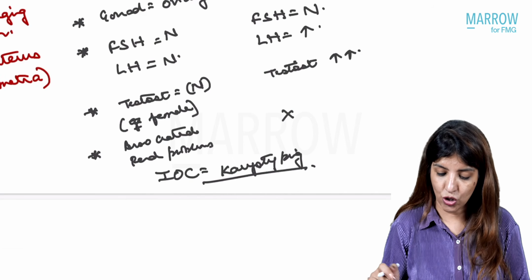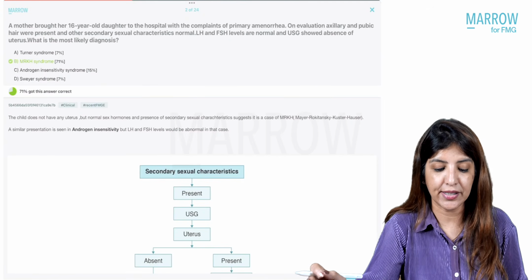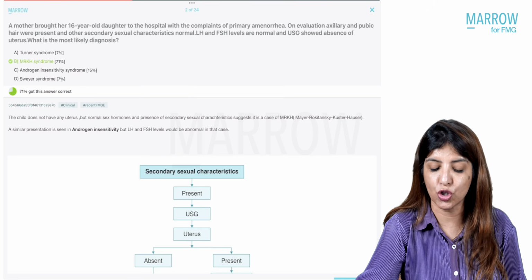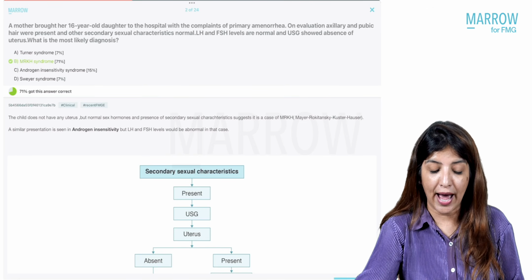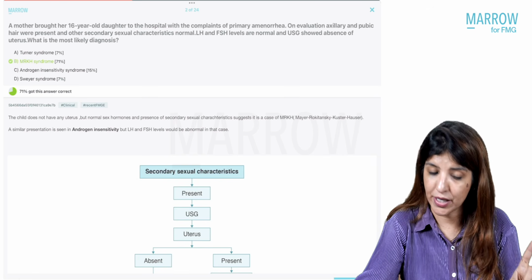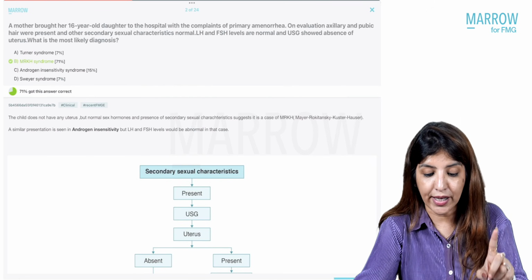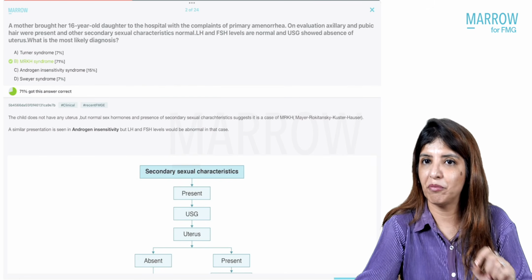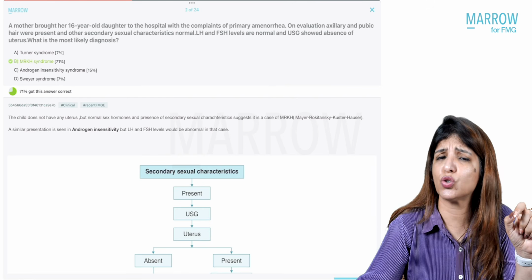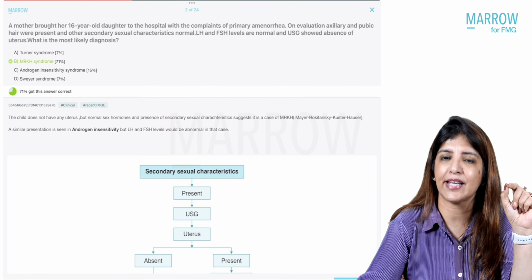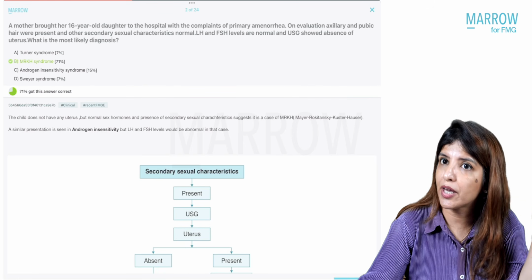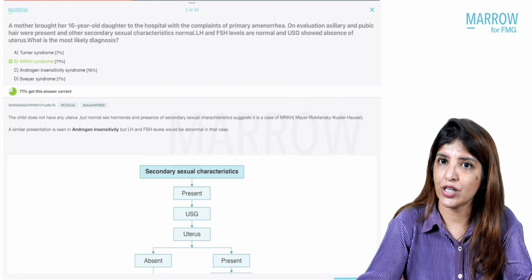Now look at your question. Your question said that a 16-year-old girl was brought to you with complaint of primary amenorrhea. On evaluation, axillary hair and pubic hair are present and other secondary sexual characteristics are normal. So in case of present pubic hair, axillary hair, secondary sexual characteristics, I am thinking about Mullerian agenesis, right?